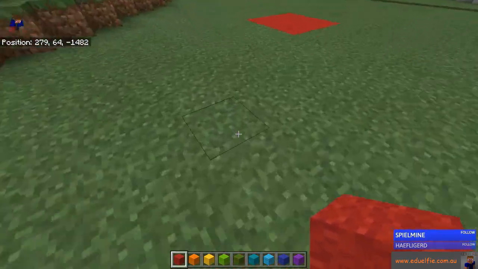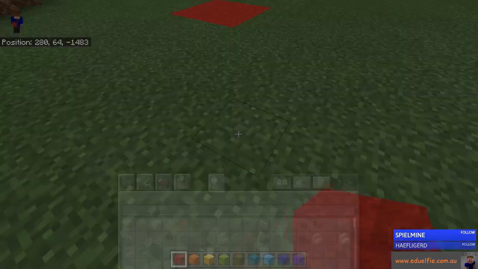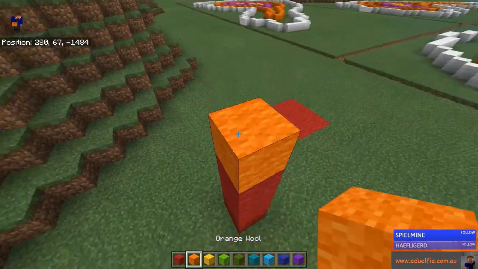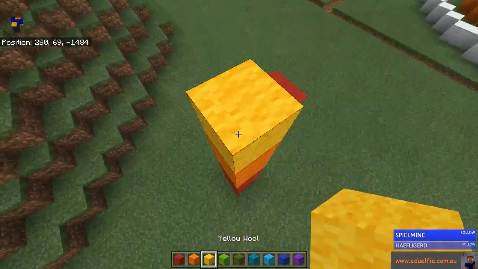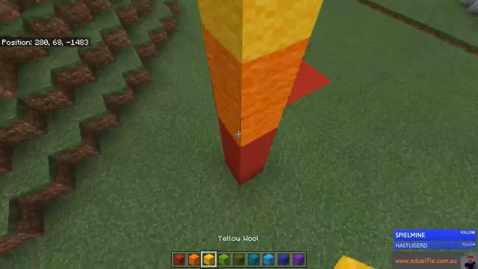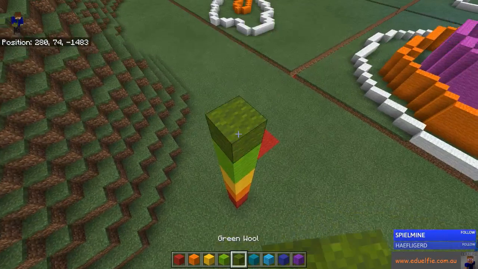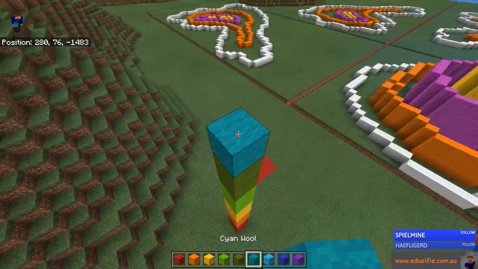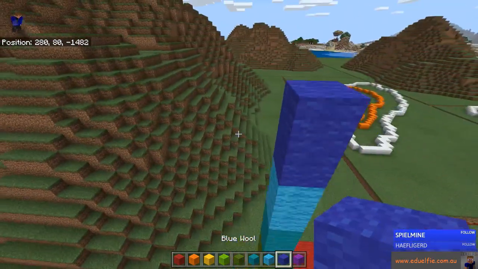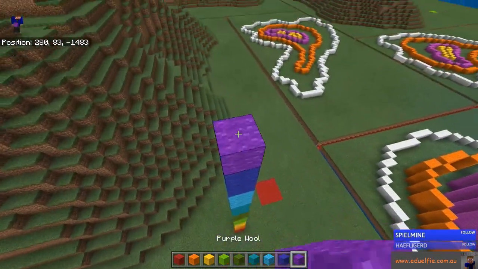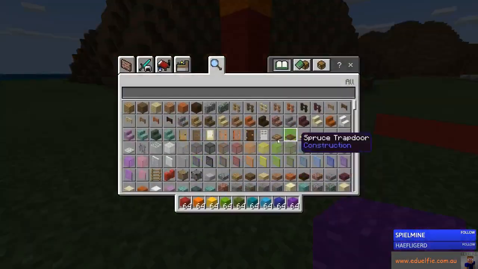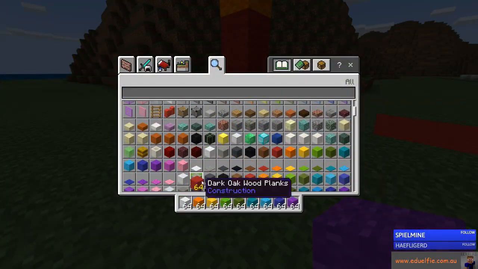So, I didn't get white. So that's actually where red would go. That's where orange would go. Green will be hard to see. Are we high enough yet? No. So if we grab white.